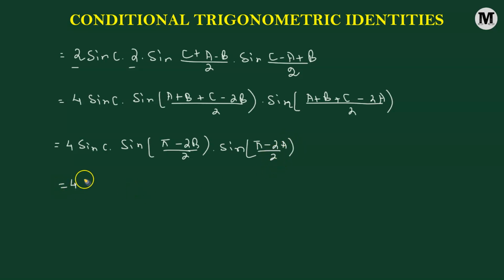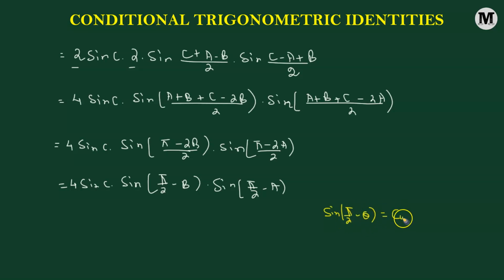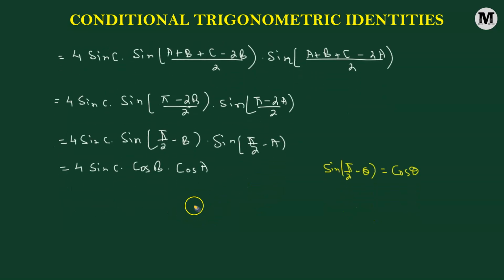So this is equal to 4 times sine of angle C multiplied by sine of the angle pi over 2 minus B multiplied by sine of the angle pi over 2 minus A. Now we know for a fact that sine of pi over 2 minus theta is equivalent to cosine theta, which means that we now have 4 times sine of angle C. So sine of pi over 2 minus B is going to become cosine of angle B, and sine of pi over 2 minus A is going to become cosine of angle A. So let's rewrite the expression.